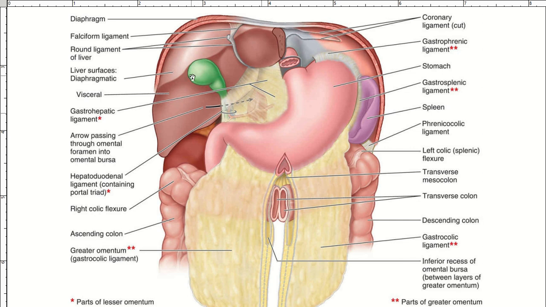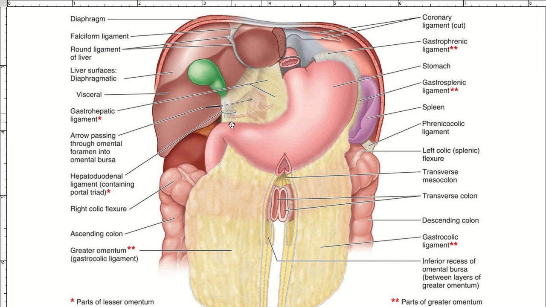So you're going to have the liver growing into the ventral mesentery. So you're going to have a part of the ventral mesentery that is between the lower portion of the esophagus, the stomach, and the upper portion of the duodenum, extending towards the liver. This is what we call the lesser omentum.